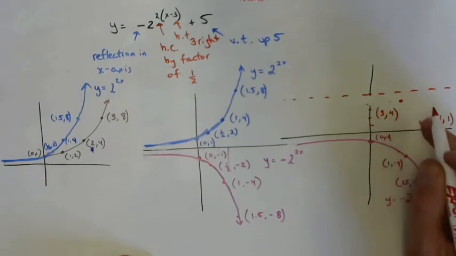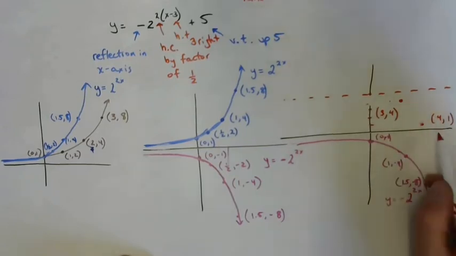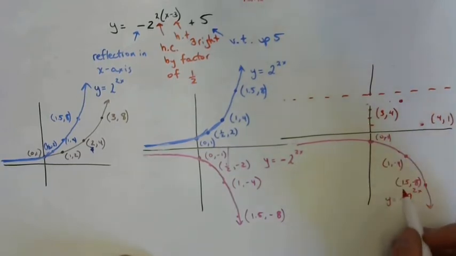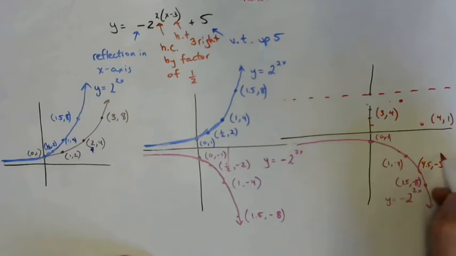Is that making sense? So we're changing the x and y coordinate at the same time. This 1.5, if it moves over 3, the x coordinate is going to be 4.5. And the y coordinate is negative 8, but it's going to go up 5 to negative 3, which is somewhere over here.